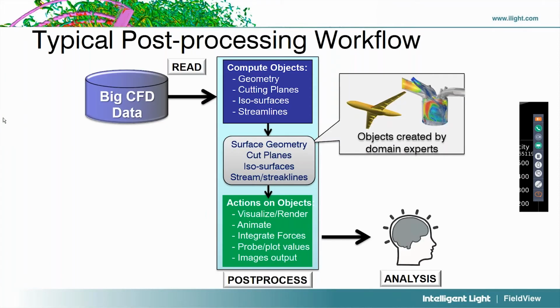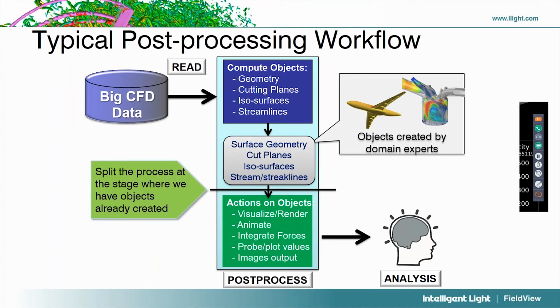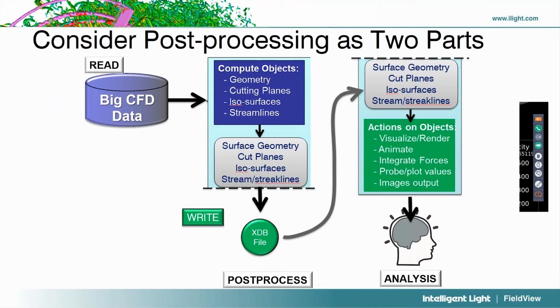So you have those objects, and it is on those objects that you do post-processing, and then eventually you make analysis and make decisions on your design. So the idea of XDB is to split the process at this stage of the creation of the objects. In addition to saving how those objects are being created, we're also providing a file format where you can write these objects.